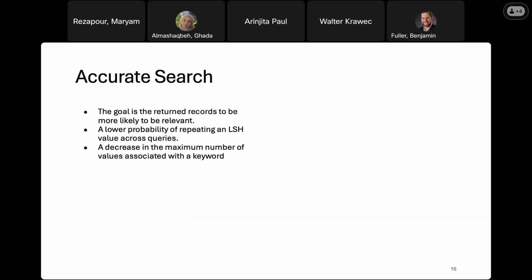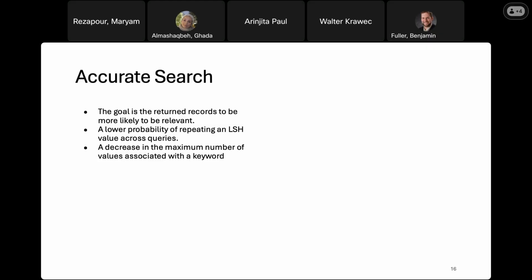For that reason, we also need to lower the probability of repeating an LSH evaluation across queries. So we want different LSH evaluations for each record, and we want to decrease the number of associated values to each keyword.